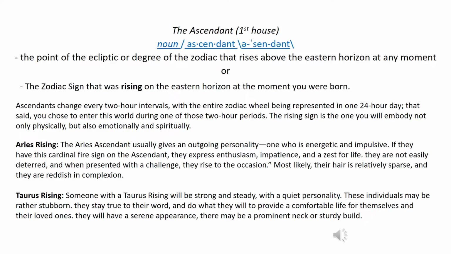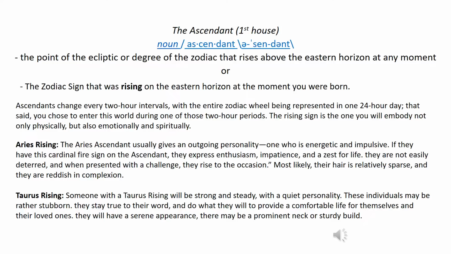So we've talked about what the ascendant is: it's the point of the ecliptic, or the degree of the zodiac, that rises above the eastern horizon at any given moment. So it's a point in space that rises above the eastern horizon at the time we were born, at that location.